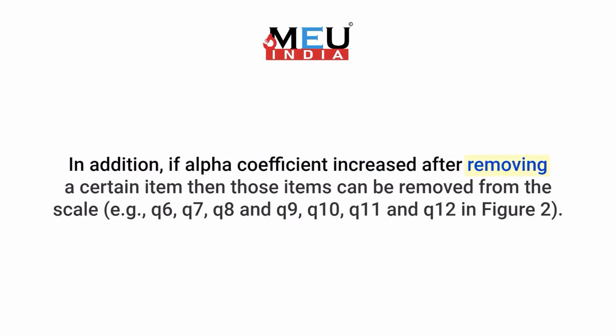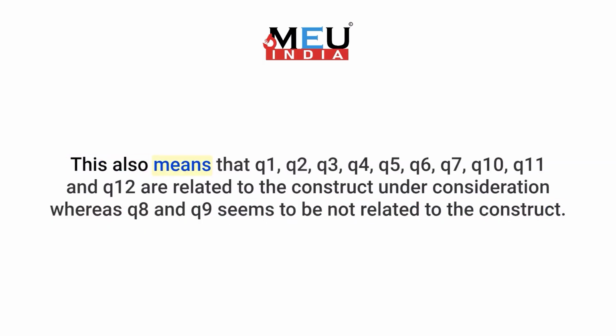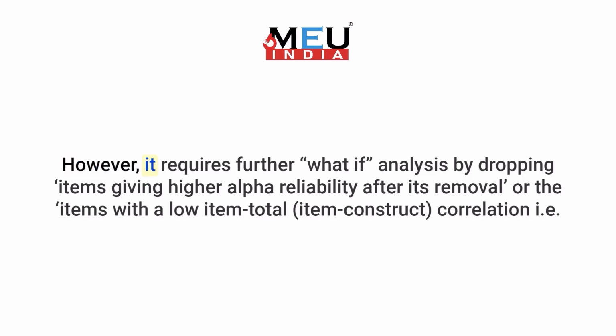In addition, if alpha coefficient increased after removing a certain item, then those items can be removed from the scale. This also means that Q1, Q2, Q3, Q4, Q5, Q6, Q7, Q10, Q11, and Q12 are related to the construct under consideration, whereas Q8 and Q9 seem to be not related to the construct.